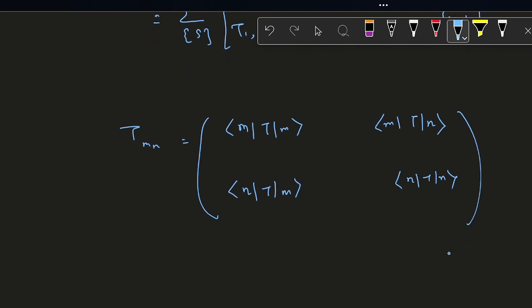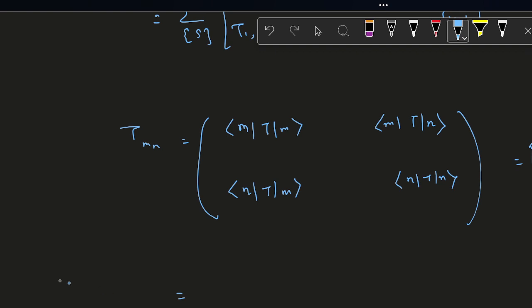And in this case our spin values are 0 and 1, so our m values will be 0 and 1. You know the element expression: the first term is e to the power beta J m squared, the next term is e to the power beta J m n, this term is also e to the power beta J m n, and the last term is e to the power beta J n squared.